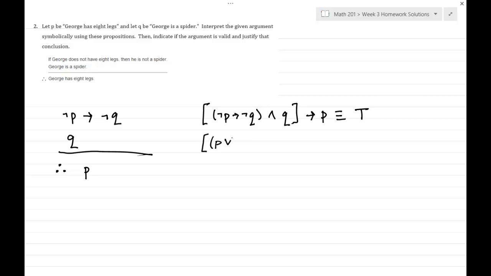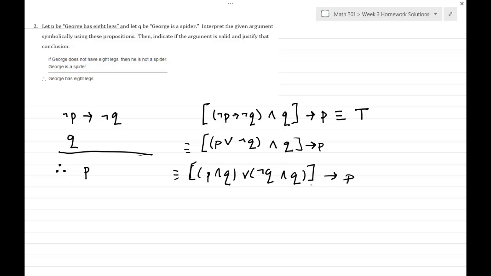So that would be the negation of the negation of P, which is P, or not Q, and Q, and that implies P. Distribute that Q, so I'll have P and Q, or not Q and Q. Not Q and Q is going to be false, so I'll have P and Q, or false, implies P. Anything or false is just the original statement, so P and Q implies P.